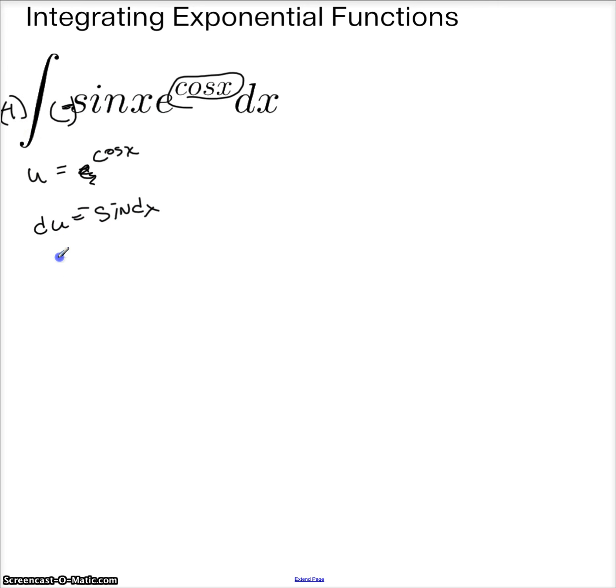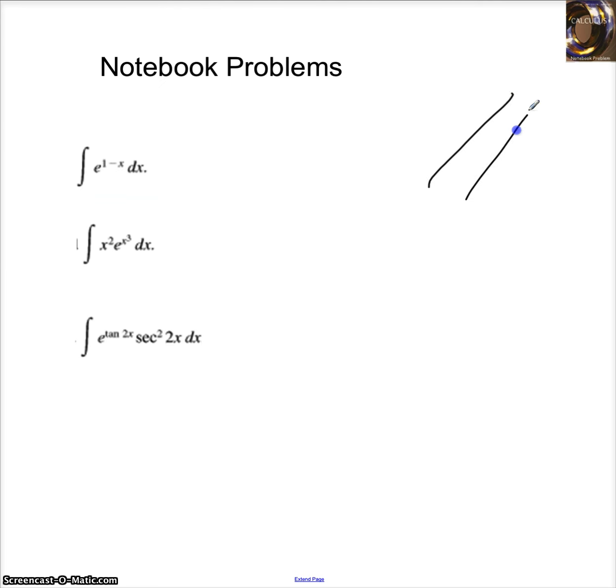So this becomes negative 1 times the integral of e to the u du. So this is negative 1 e to the u plus c. So it's negative 1 e to the cosine of x plus c. Straightforward? Let's see. You give it a go.